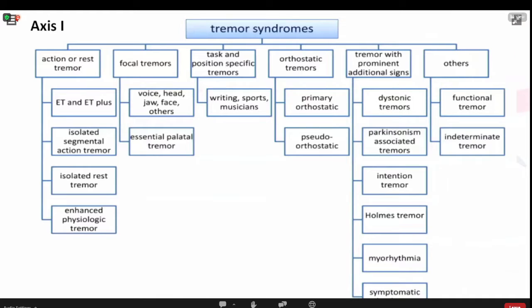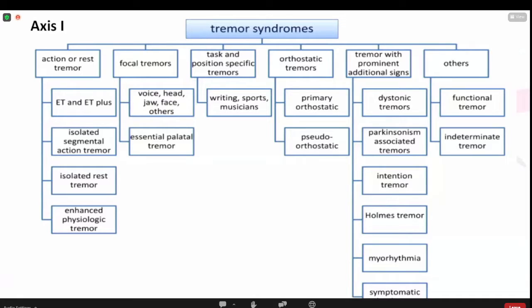And when you get the information from axis one, then you can group or summarize into the tremor syndrome. For example, action and rest tremor are the predominant signs in essential tremor or essential tremor plus, or enhanced physiological tremor.